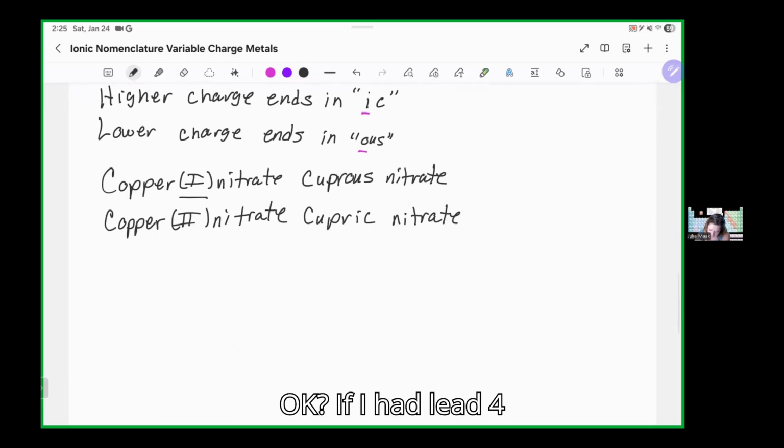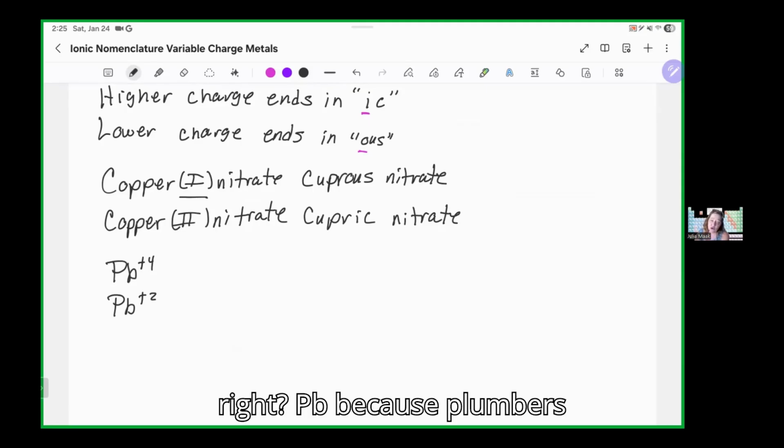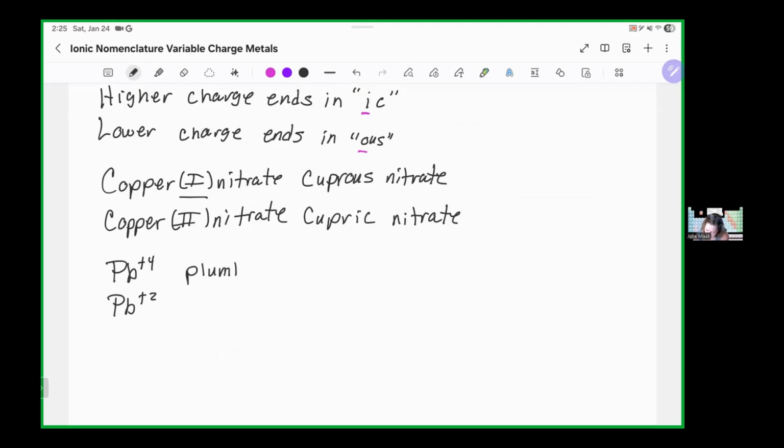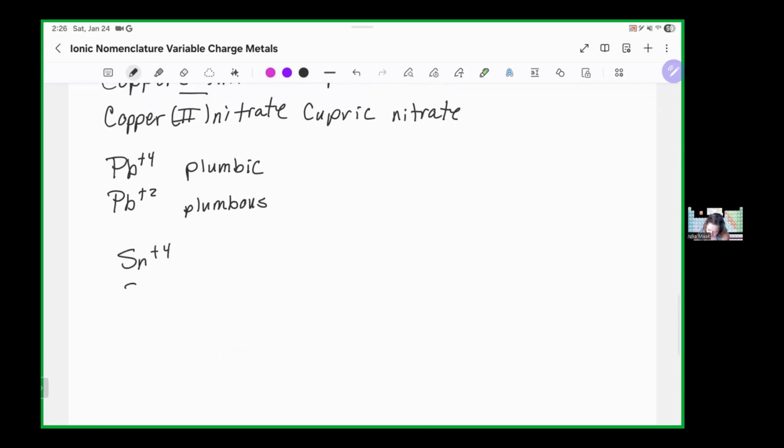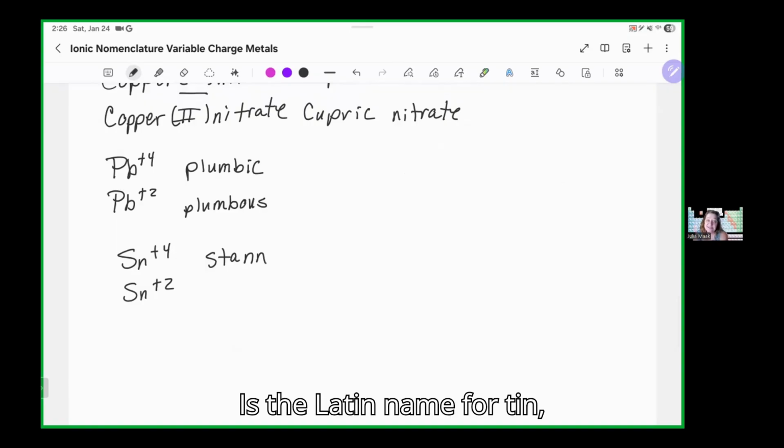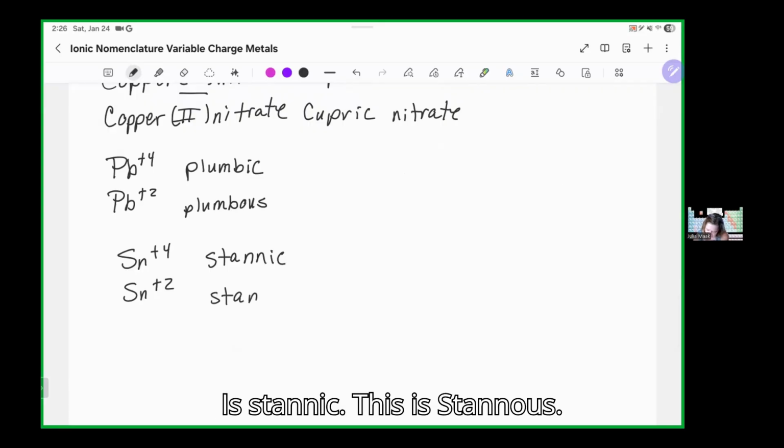Okay, if I had lead 4 and lead 2, the Latin name for that is plumb, right? Pb, because plumbers use lead pipes. The higher one is plumbic, and this is plumbous. Okay, Sn, tin 4 and tin 2. Stan is the Latin name for tin. So the higher one is stannic. This is stannous.